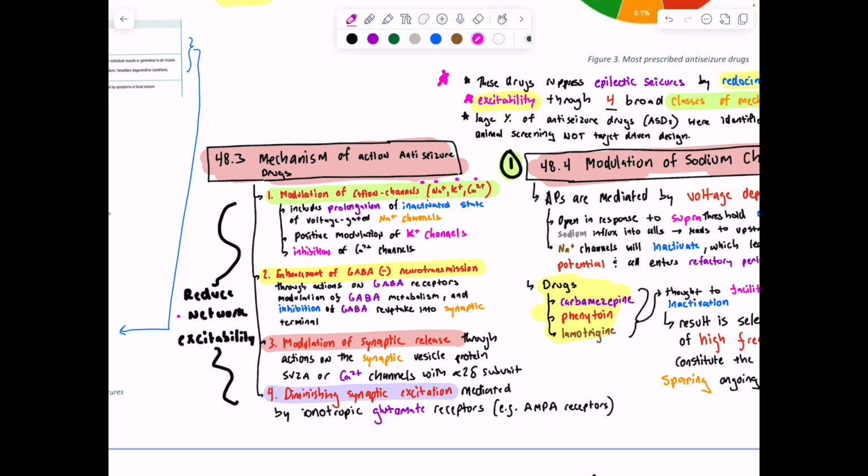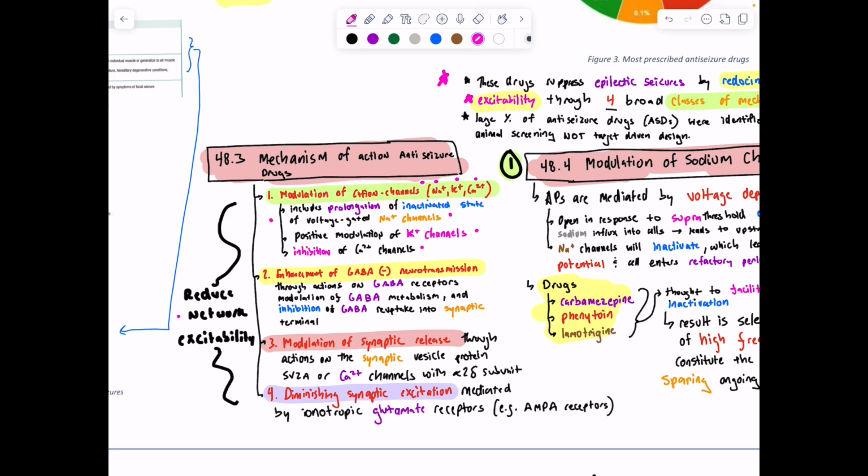So the first method of modulating these ionotropic channels is to prolong the inactivation state of sodium channels, increase the throughput of potassium channels, and then inhibit calcium channels. Make it harder for calcium channels to work such that you can't depolarize as easily. So make depolarization harder. That's our goal here for the first strategy.